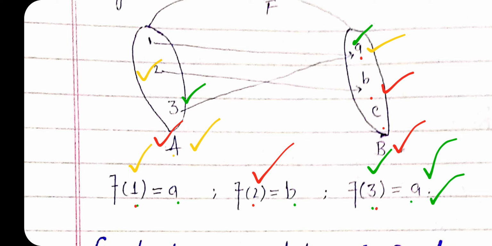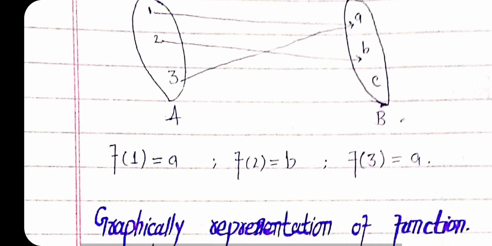Since a repeats itself, in the range we have only two elements, a and b, because range is a set and in a set we do not repeat elements. But in the codomain we have three elements a, b and c. And f is a function from set A to B, which means A is the domain and B is the codomain.